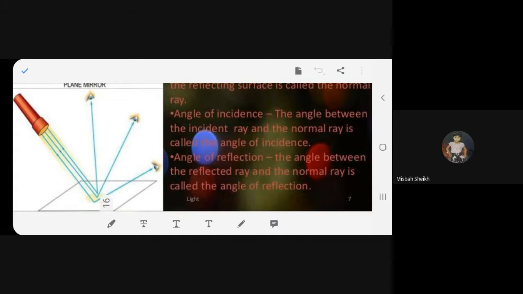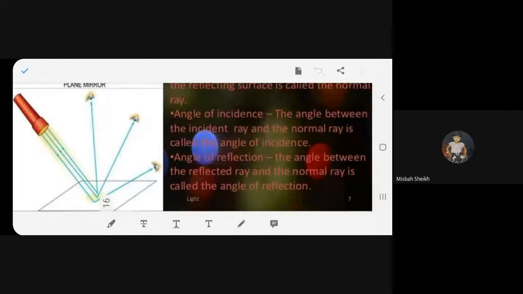You understood in this slide what we did? We clubbed everything, we put everything together. First we talked about the incident ray, then the reflected ray, then the normal. In the second slide, we talked about the angle of incidence and angle of reflection.